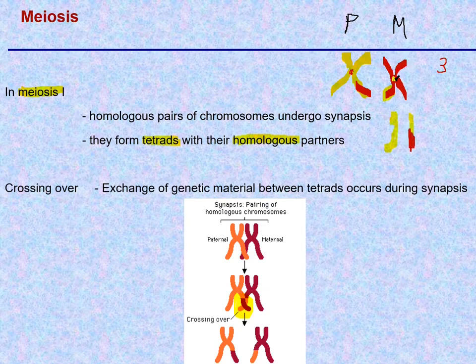Another one will have a copy that looks like this. And then the 4th one will have a copy of chromosome 3 that looks like this. So this crossing over that occurs during meiosis 1 adds quite a degree of genetic variability into the process. And so all the sperm are not the same.